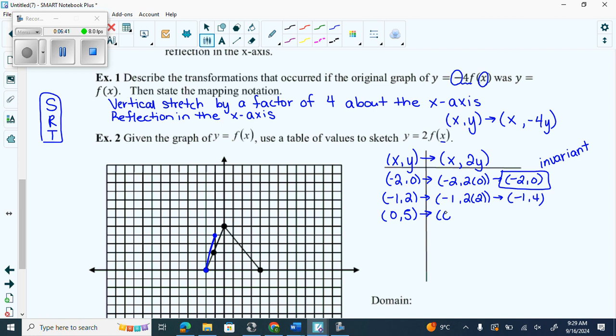So there are 2 invariant points on this one, because there are 2 places where y is equal to 0. And when I multiply it by something, you'll see it. 5, 6, 7, 8, 10. And I would use a ruler if this was a piece of paper, but I can't. And then this is 1, 2, 3, 4.